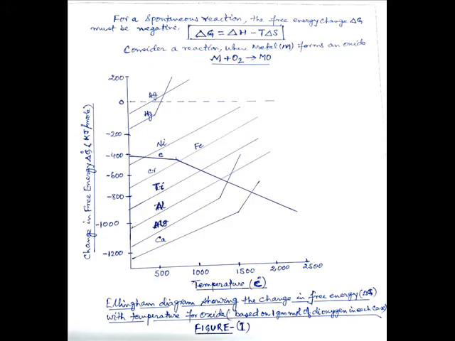You see that all the values below it are negative, for example minus 1000, minus 100, minus 600. So the oxide is stable below the temperature where the graph crosses the del G line, because we know that if the free energy is negative, it moves toward stability.